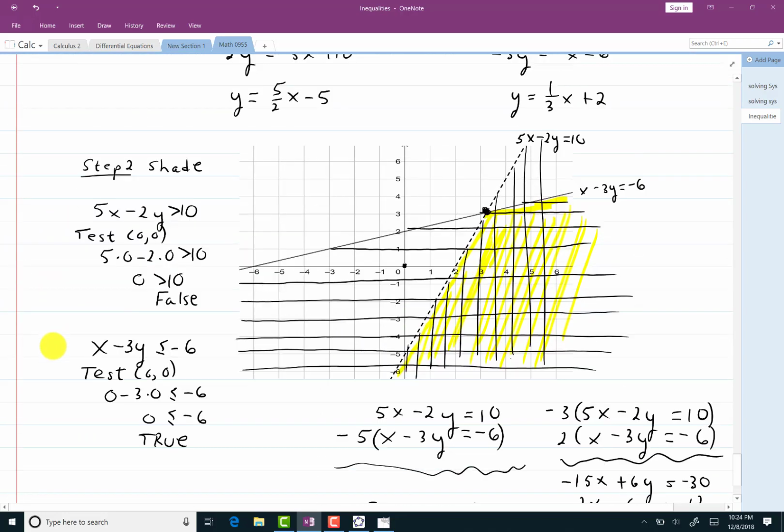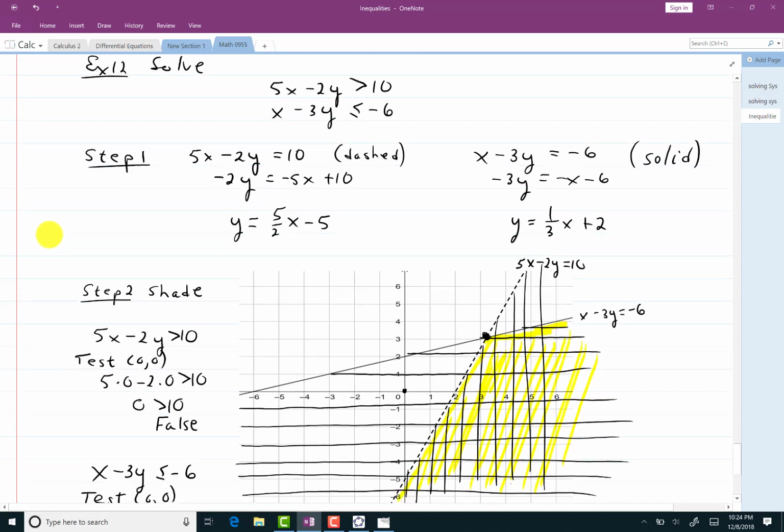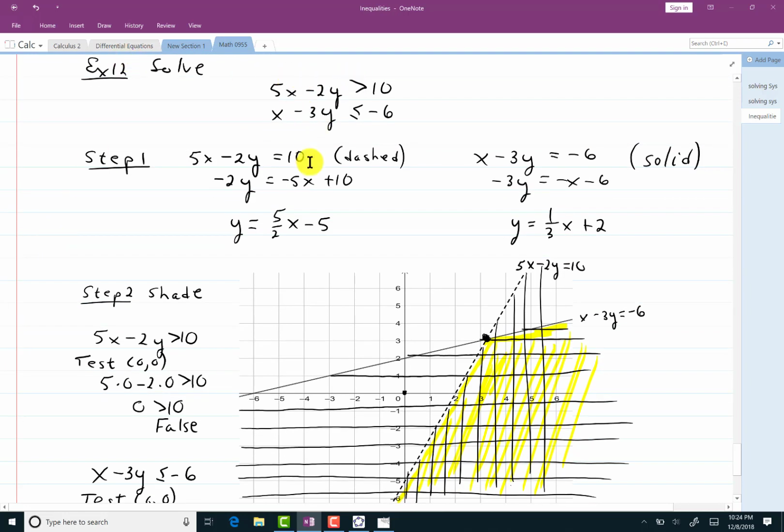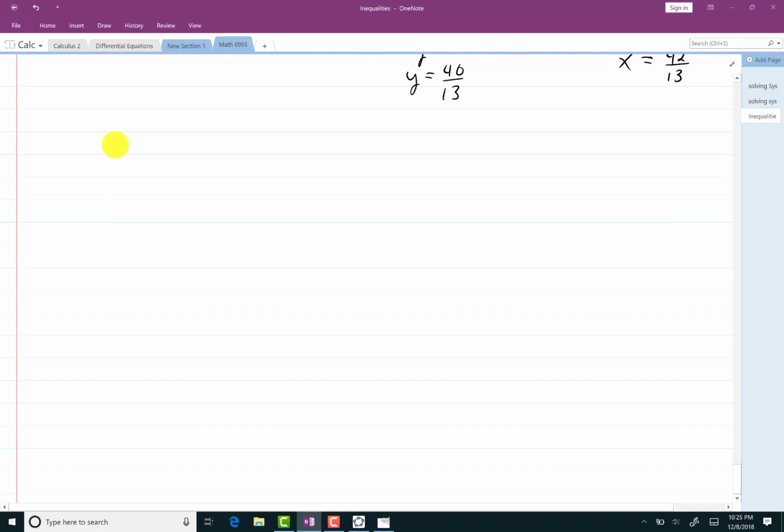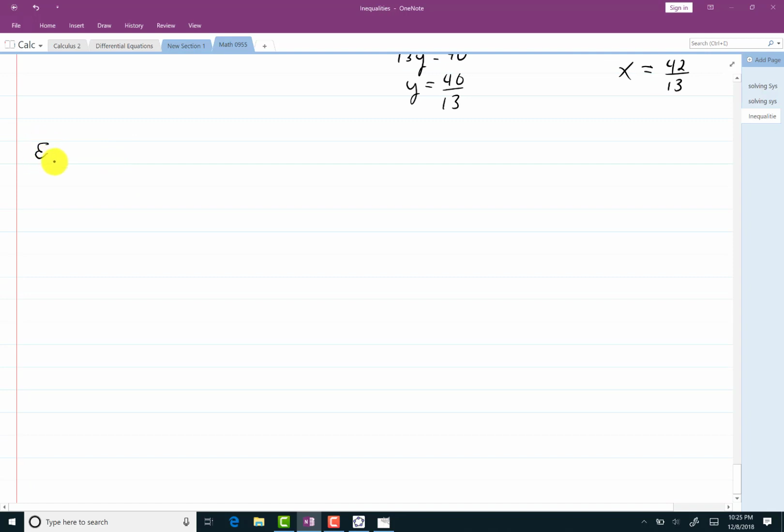So there's a lot of steps here. We have to solve and put both inequalities or both lines on one graph, and then we have to shade the appropriate region. That's the gist of it. Let me do one last example to illustrate again. And I think I'll use the correct terminology this time.